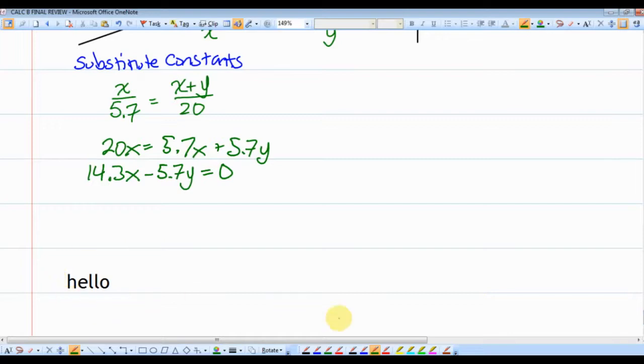Now we can take derivatives. 14.3 dx/dt minus 5.7 dy/dt equals 0.